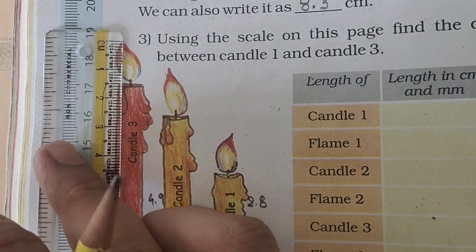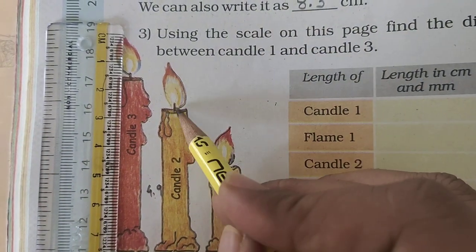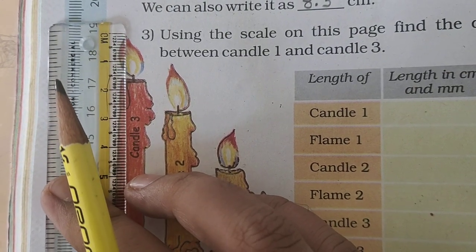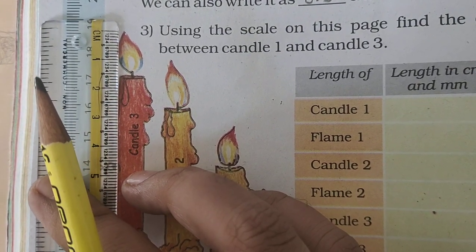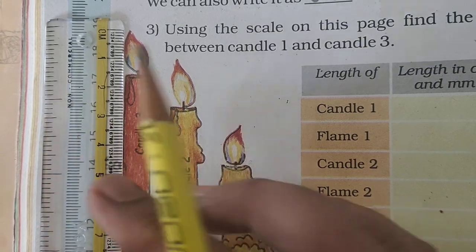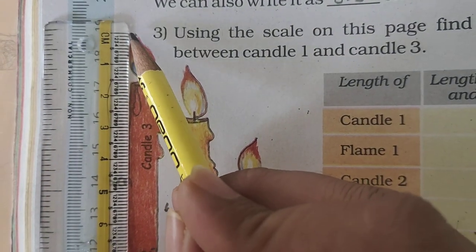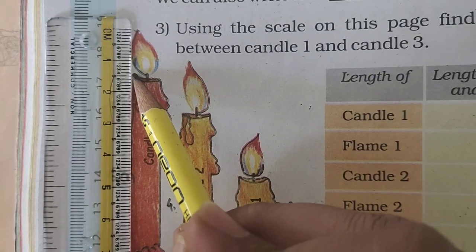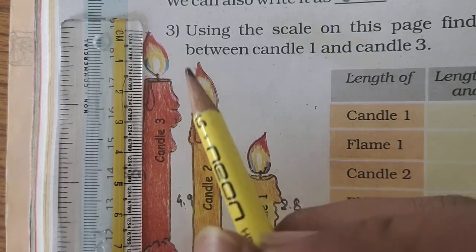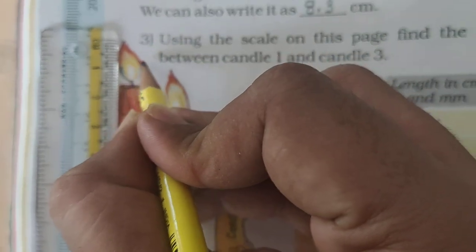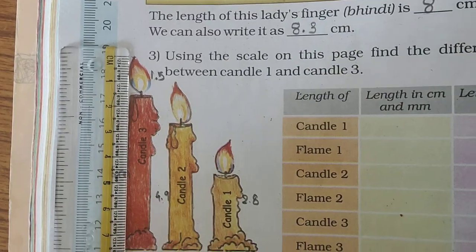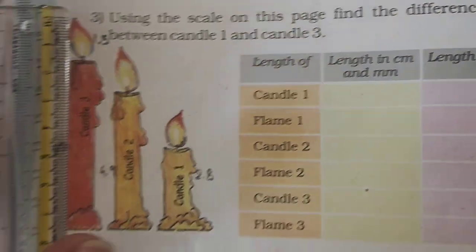Now the flame, we will measure from the top to the wick. Okay, the top to the wick. Now what is the flame measurement? From here approximately, students, to here it is 1.5. Now let's see about this.